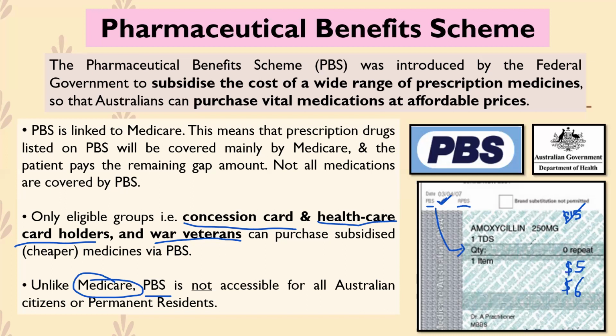So if I was to go to the doctor and get a medicine, the doctor will not tick PBS, the reason being that I'm not eligible. I don't qualify for PBS. So there will literally be no tick here for me. It will just be completely blank. And so when the chemist or the pharmacist gets my prescription, they know that they don't need to undercharge me. They don't need to give me a cheaper price because I'm not eligible for that. I'm not one of the special groups or one of the eligible groups.